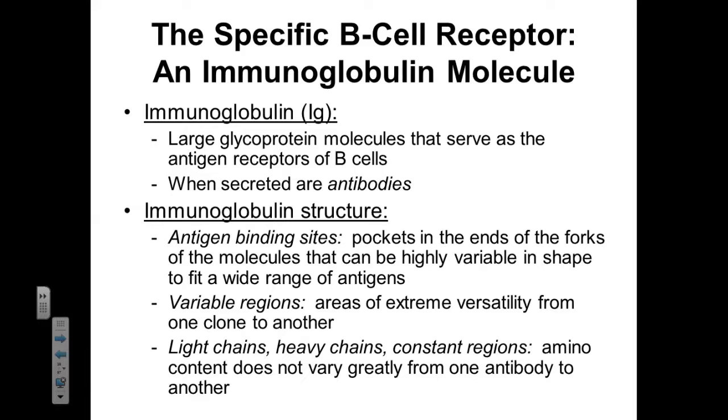All immunoglobulins or antibodies are going to have some common structures. They'll have an antigen binding site. This is the part that varies from antibody to antibody, and this is the variable region that changes. It is the part that binds to our antigen.